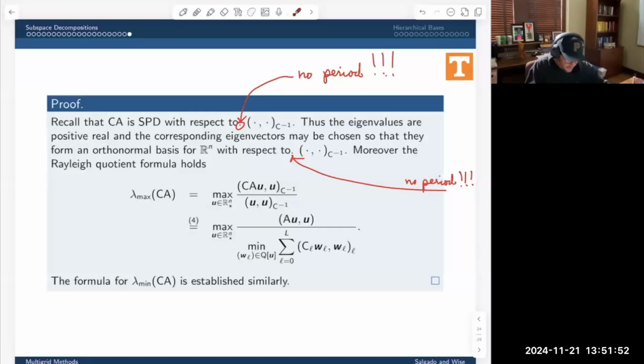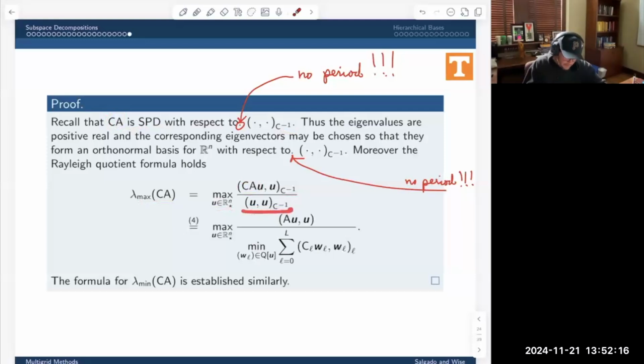We're using the fact that this is SPD in this inner product, so that's why we're using that inner product. That is the coefficient matrix that we're interested in, the product of C times A. So that's just a Rayleigh quotient. If we maximize the Rayleigh quotient over all u not equal to the zero vector, then we get the maximum eigenvalue, period, full stop.